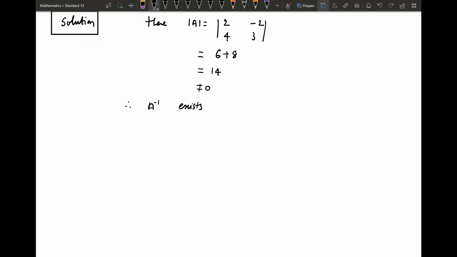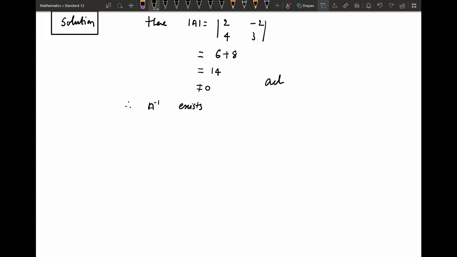So you can say that A is a non-singular matrix, since determinant A is not 0.